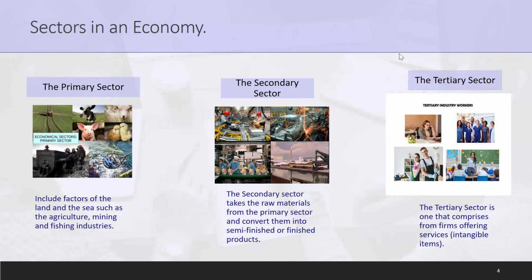That is when you're getting raw materials from the earth. So you're mining, you're farming, you're getting lumber, you're fishing, anything that you're getting from the earth that's naturally occurring, that will be the primary sector.